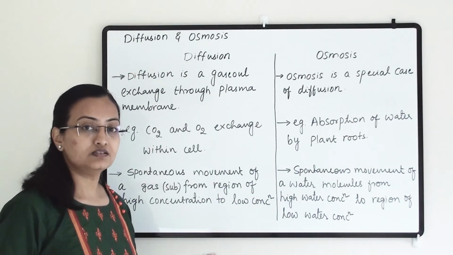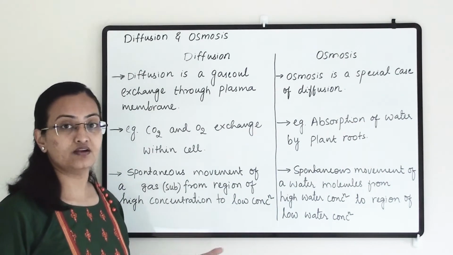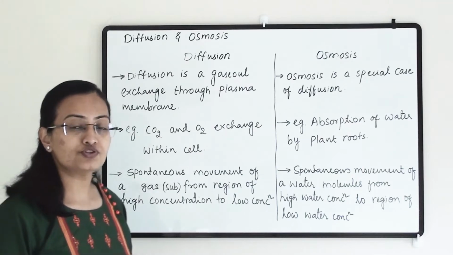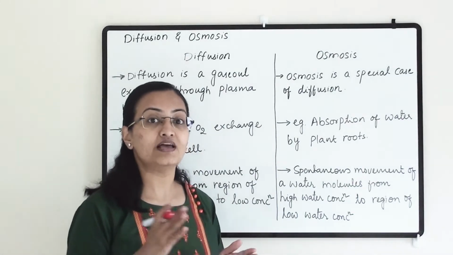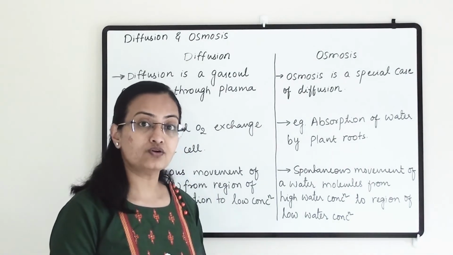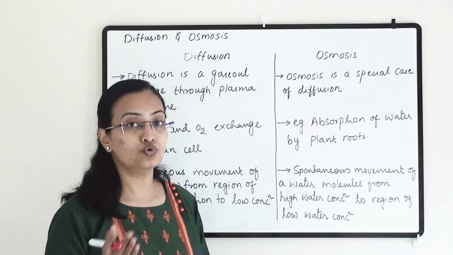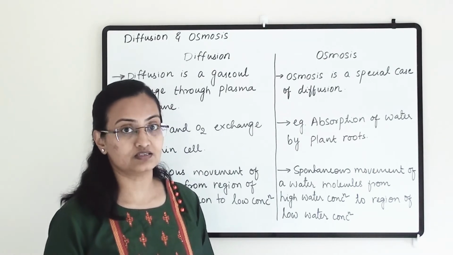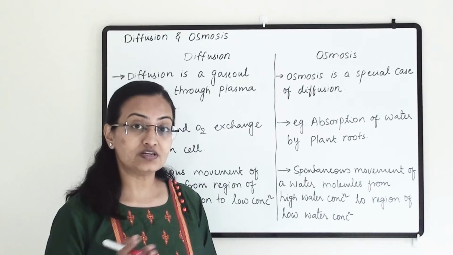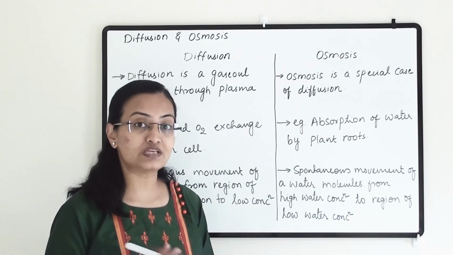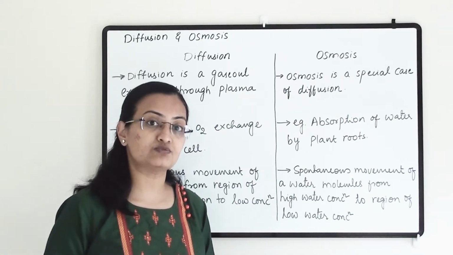Now let us learn the difference between diffusion and osmosis. What is diffusion? Diffusion is a gaseous exchange from a higher concentration of gases to a low concentration region of gases. This gaseous exchange happens through a semi-permeable membrane, that is, the plasma membrane.